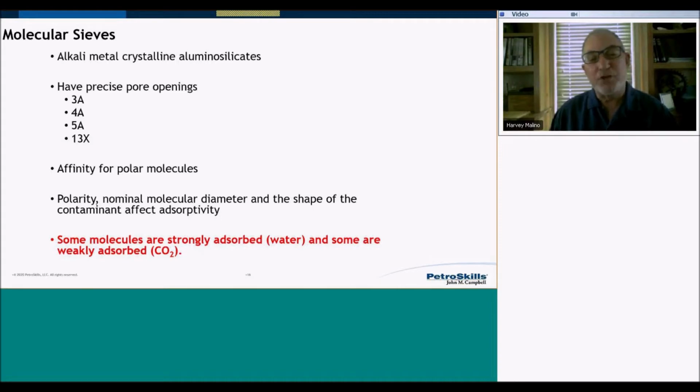Some molecules, such as water, are very strongly held onto molecular sieves, and other molecules are very weakly adsorbed, such as CO2 or even hydrogen sulfide. As a consequence, we're going to see that the strong species can displace the weak species during an adsorption cycle.